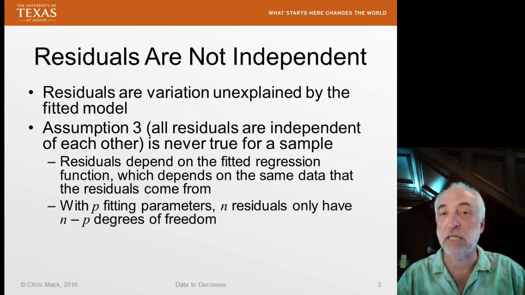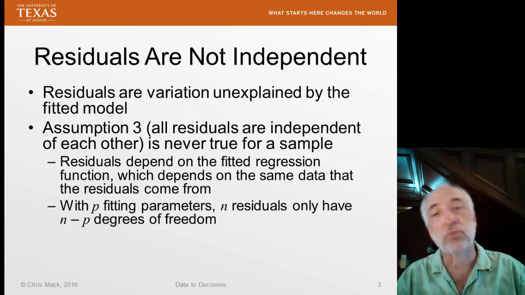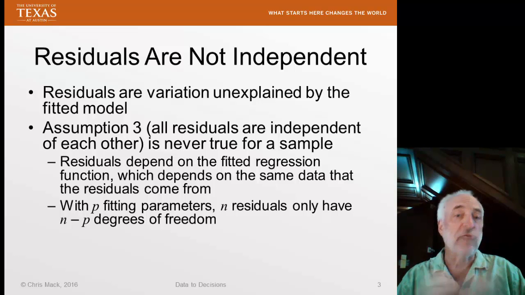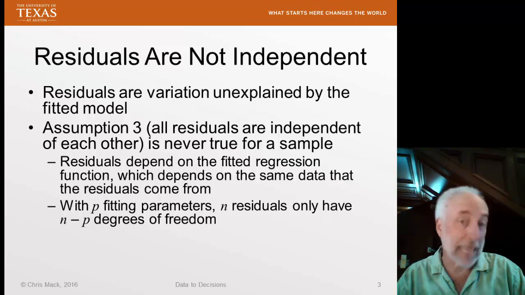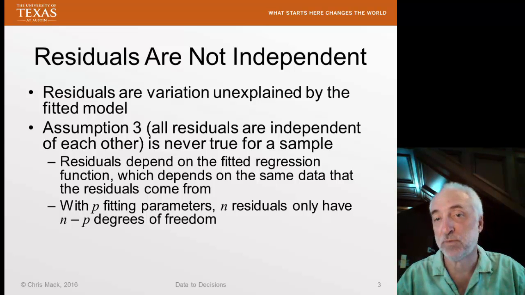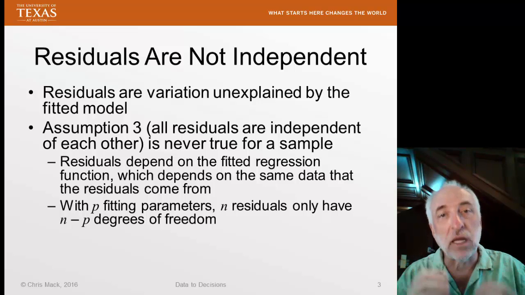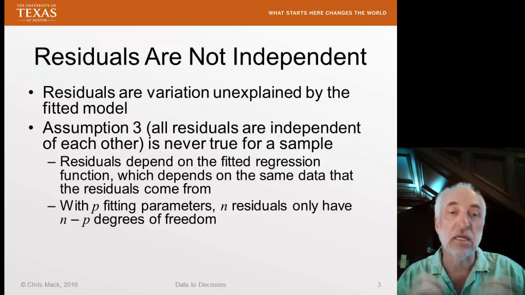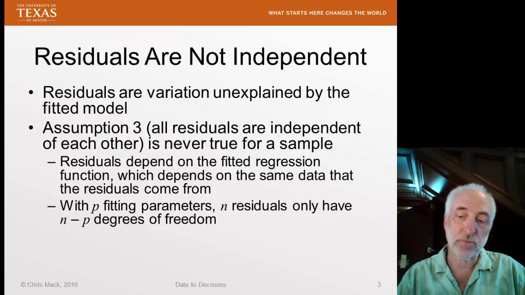The residuals are constrained in order to produce the minimum sum of the squares of the residuals. If we have p fitting parameters and n data points, then we're only going to have n minus p degrees of freedom. So there is some level of interdependence the residuals have with each other because of these p constraints.